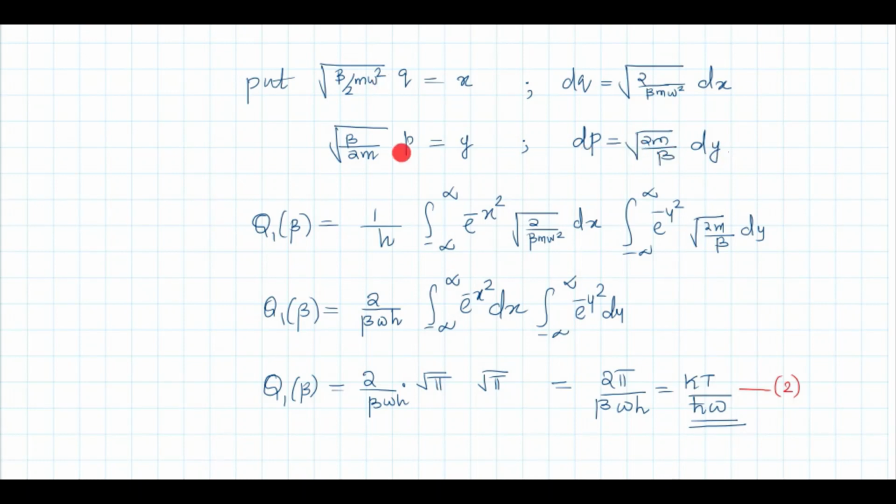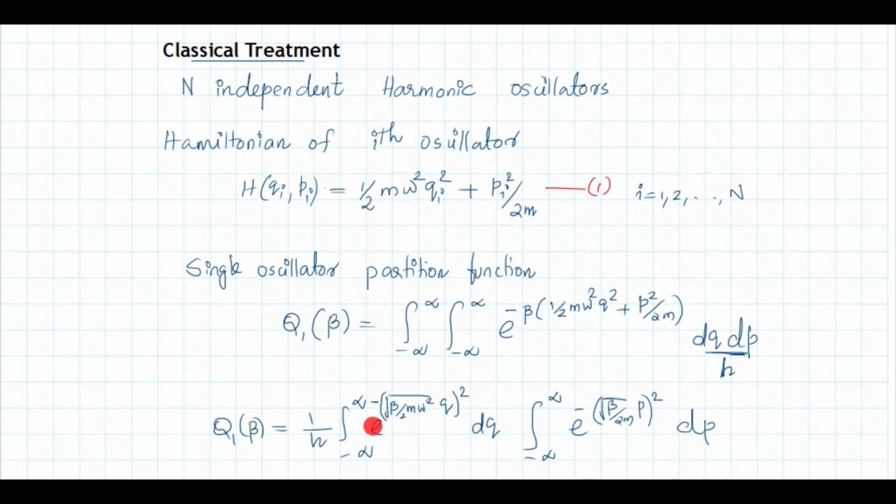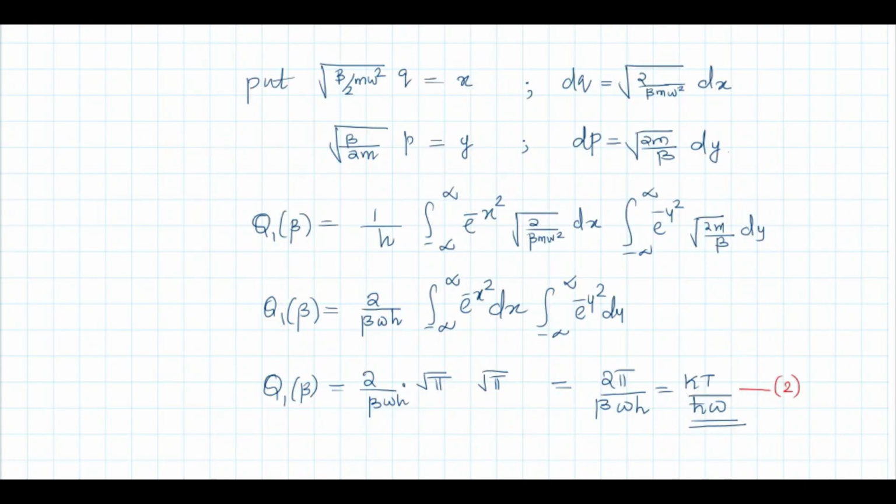Substituting this into the integral, q1 of beta becomes 1 by h integral minus infinity to infinity e raised to minus x square root 2 divided by beta m omega square dx, this quantity. Then integral minus infinity to infinity e raised to minus y square root 2m by beta dy. These constants I can take outside.